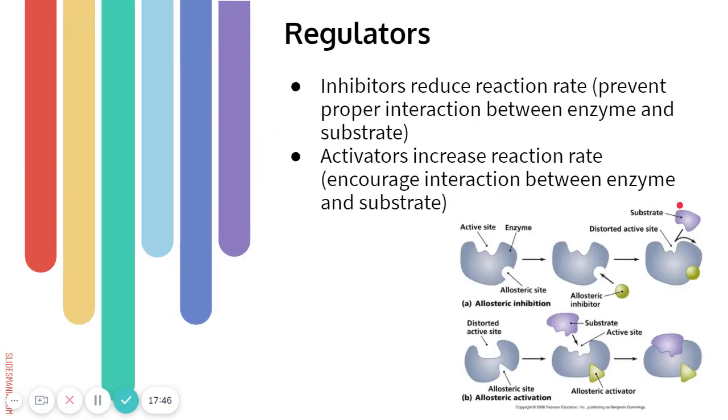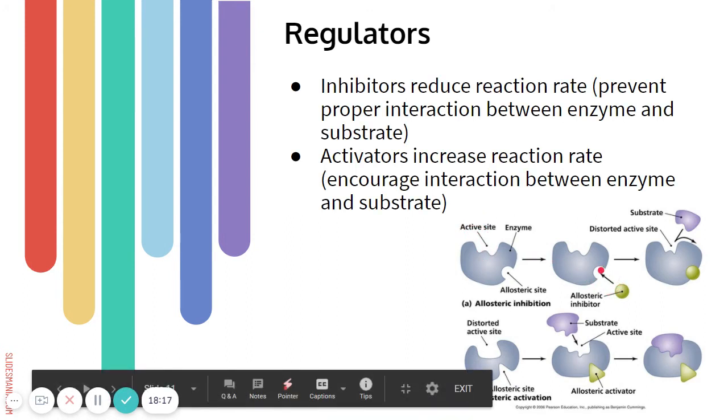So first, let's think about this idea of regulators. We've already kind of talked about this with the idea of inhibitors, so hopefully this is not a surprise. Inhibitors are going to reduce the reaction rate because, like we were talking about, they're going to prevent a proper interaction between the enzyme and the substrate. So this is showing an enzyme and it's showing an active site right here. And so our substrate should be coming to sit down right in this active site.